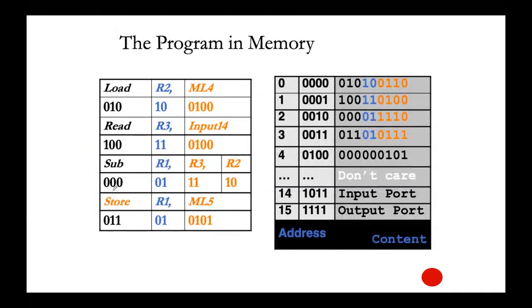Similarly for subtraction, the opcode is 000, R1 is 01, R3 is 11, R2 is 10. We are going to talk about these details in computer arithmetic, where we see how these are encoded. And for the store instruction it is 011, for example, R1 is 01, and then the memory location.